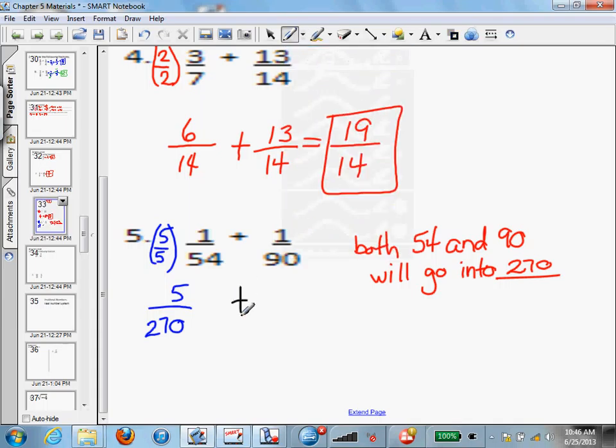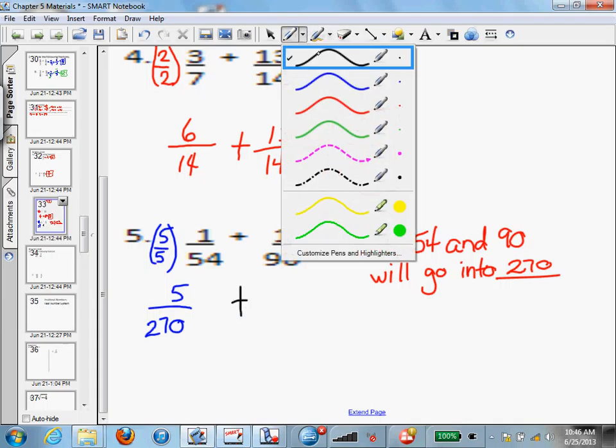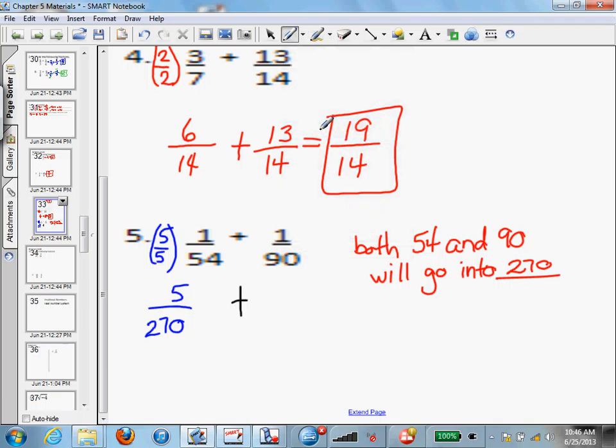Let's carry our plus down. And now we have to think about what form of 1 we can multiply 1 over 90 by to get 270? And the answer is you want to multiply by the fraction 3 over 3, which does reduce to 1. So 1 times 3 on top is 3, and on the bottom we're going to have 270.